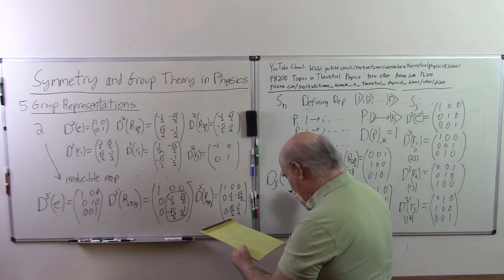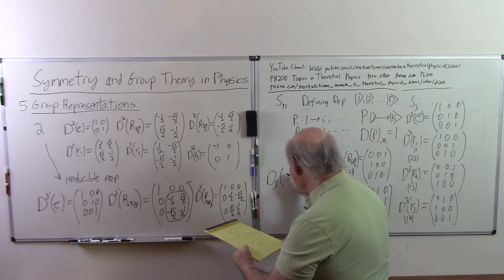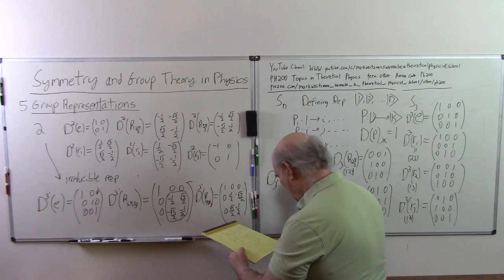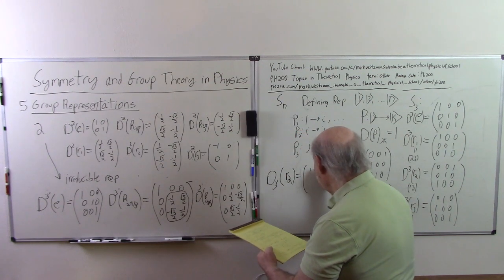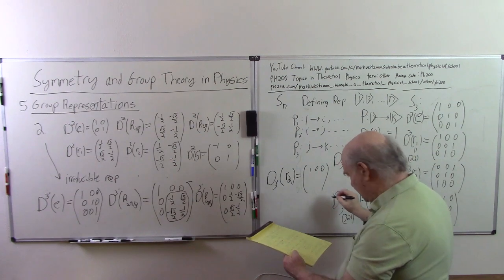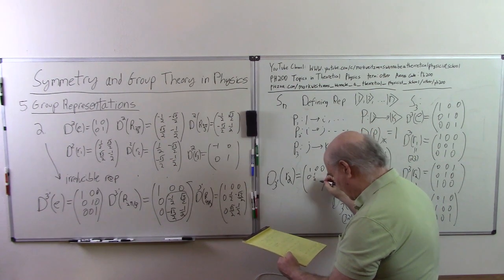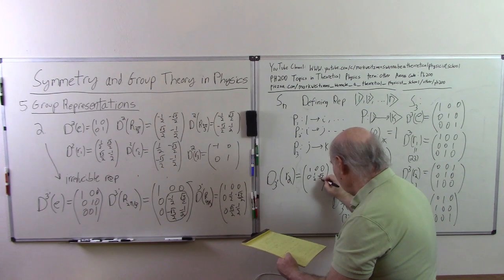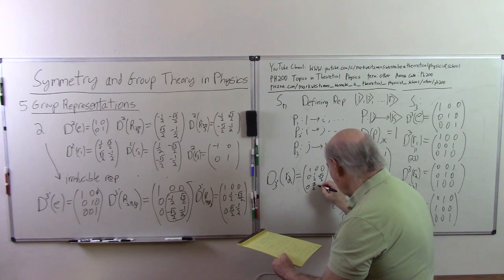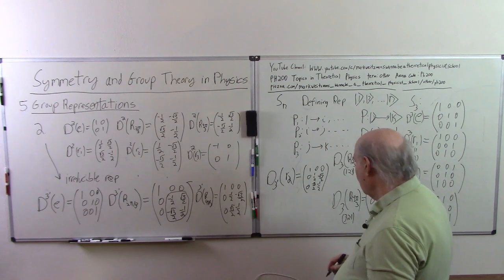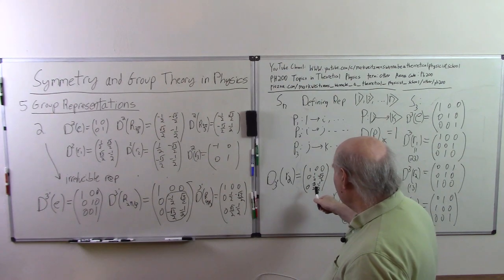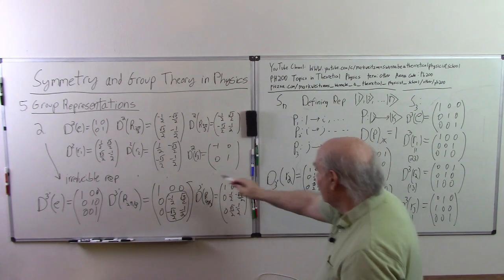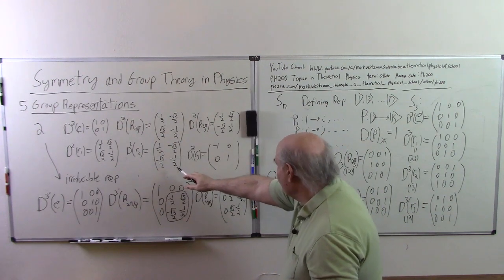D3 prime, let's say R2, is 1 0 0, 0 1/2 minus the square root of 3 over 2, 0 minus the square root of 3 over 2 minus 1/2. And this also corresponds, let me see if I got the sign right, but again, this 2 by 2 block corresponds to this two-dimensional representation.